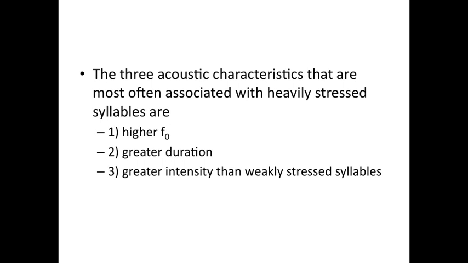So the cue that you will see is a greater intensity than a weakly stressed syllable. You will see a greater intensity because of the increase in subglottic pressure for a stressed syllable. That is indicated on an acoustic display as greater intensity, darker striations on the spectrogram.